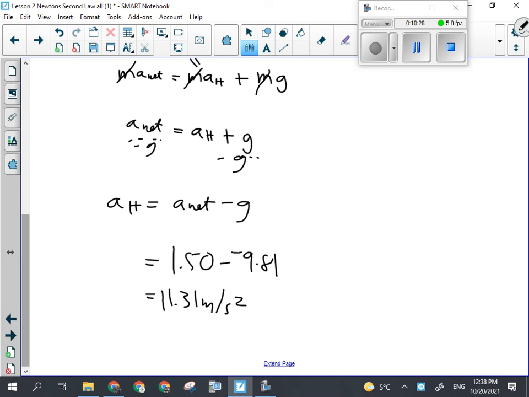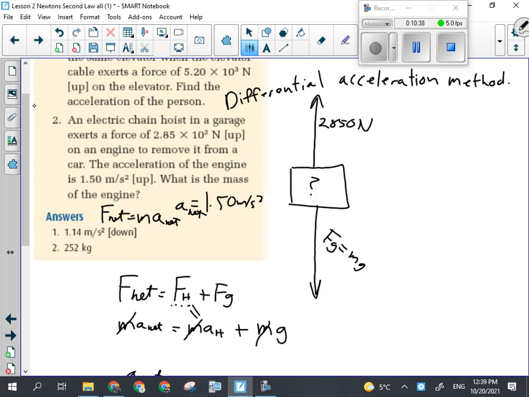Everybody with me there? All right. So now that I know this, and I know that the force in the hoist was 2850, because they told me that here in the beginning, now I can say this. The force of the hoist equals mass times the acceleration of the hoist, and I now know both of those numbers.